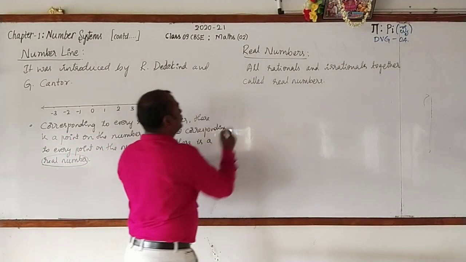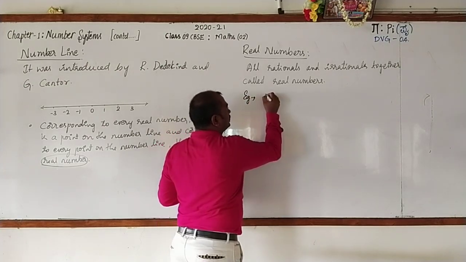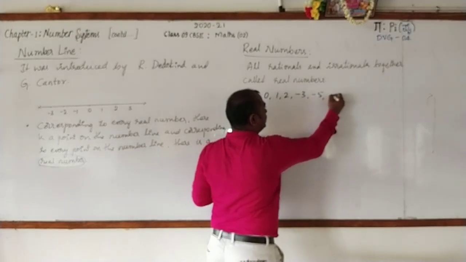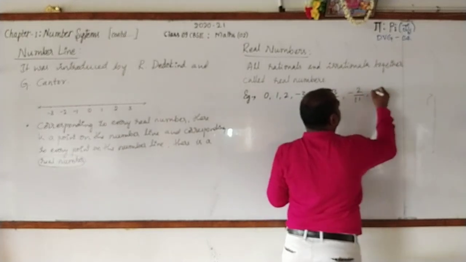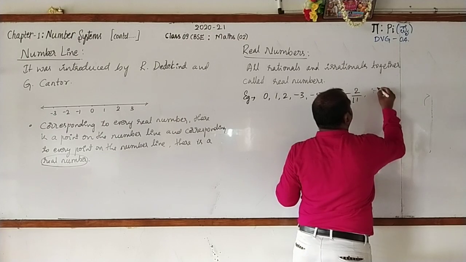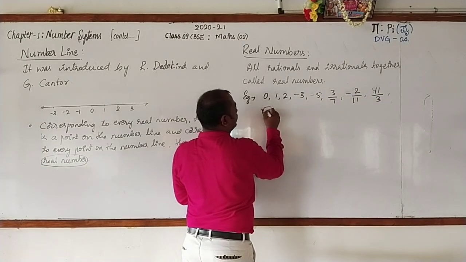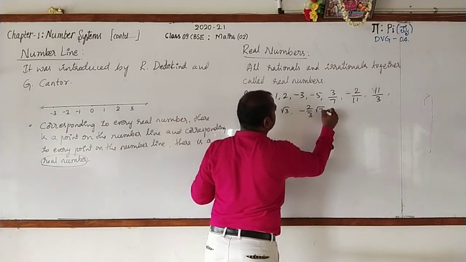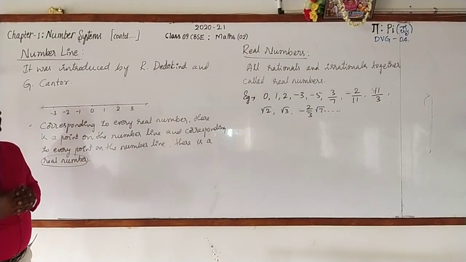Example: 0, 1, 2, -3, -5, 3 by 7, -2 by 11, 11 by 3, root 2, root 3, -2 by 3, root 7, all these are real numbers. Written up.